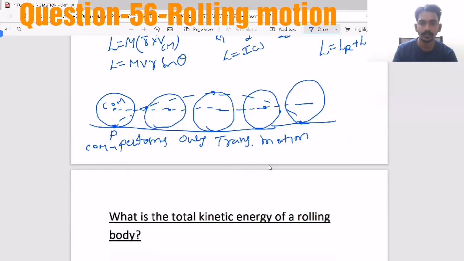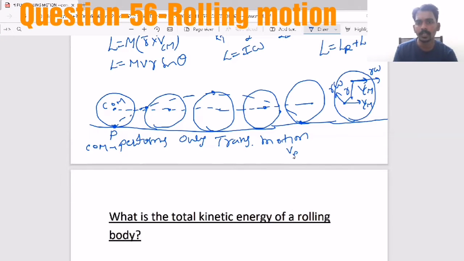Now when you consider any one point on the body at a distance r from the center, there is one r omega and there is one VCM. Or if you consider another point, there is again one r omega and one VCM.